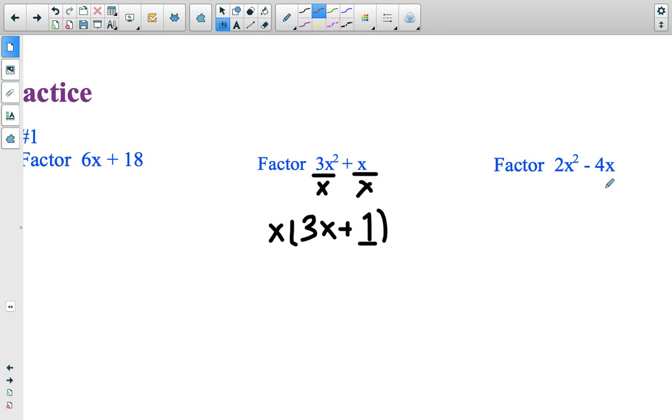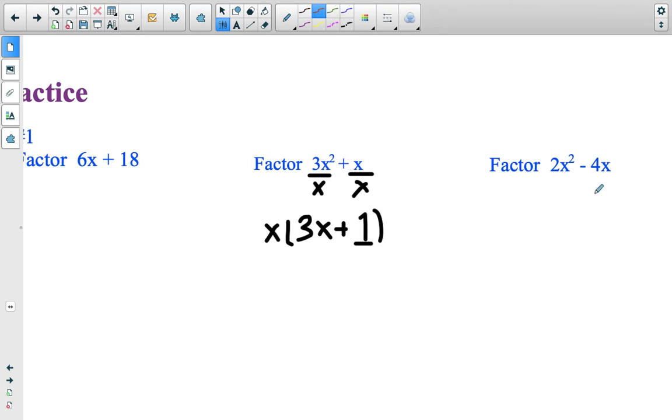If I want to factor 2x squared minus 4x, first of all, I can easily see that I can divide out a 2 from both of these. But then you're also going to notice that I can divide out an x because they both have the same variable. So I'm going to divide out a 2x, and I end up with 2x on the outside of the brackets.